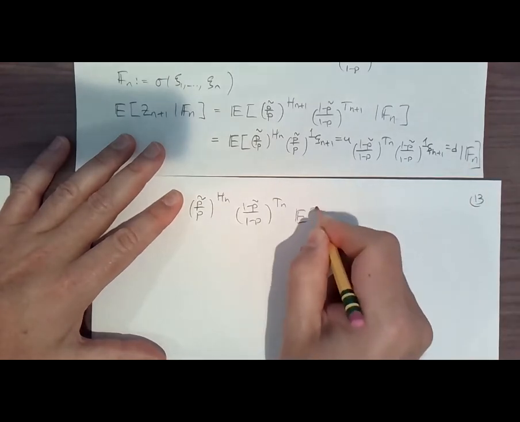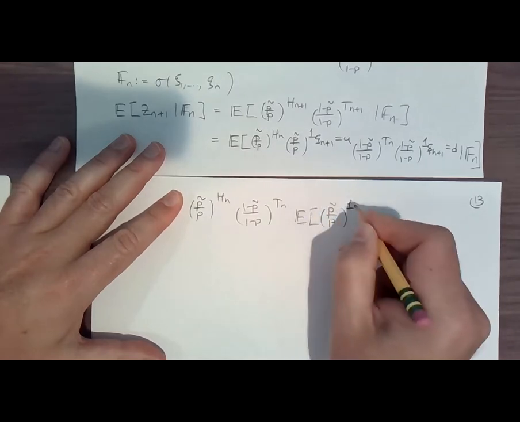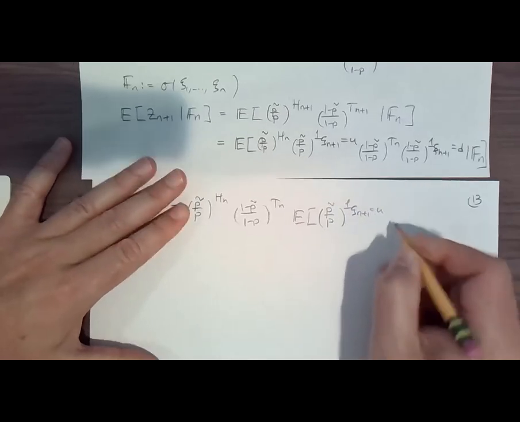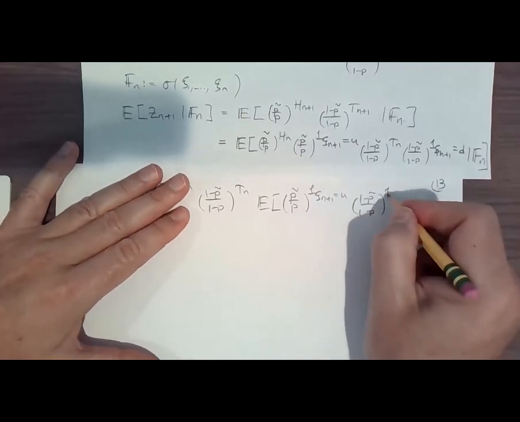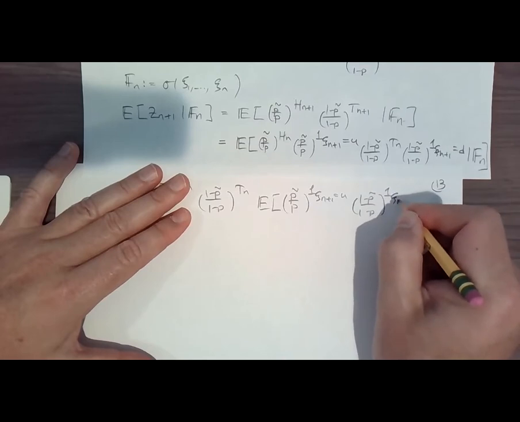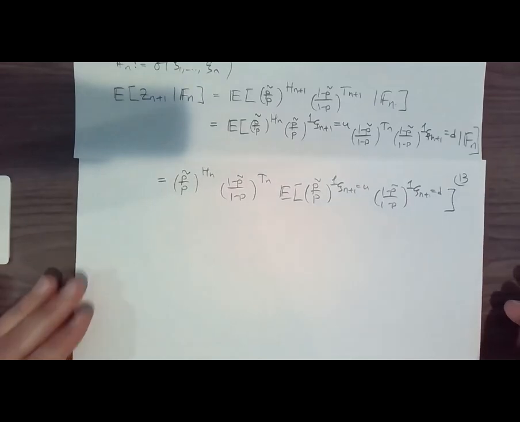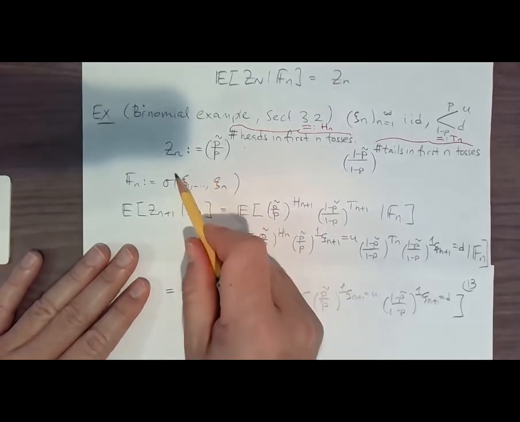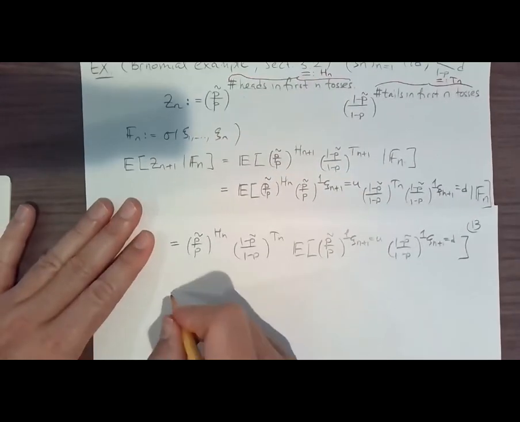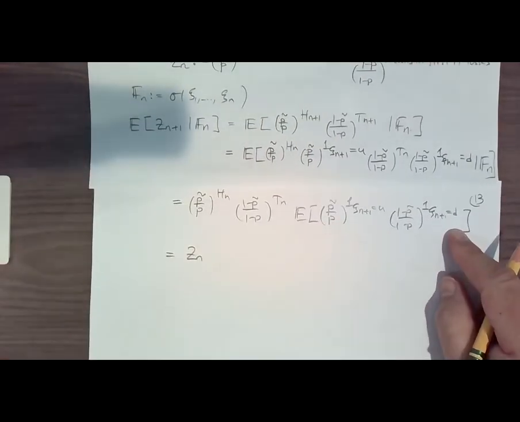This here will be the unconditional expectation of p tilde over p to the power indicator psi n plus 1 is u, times 1 minus p tilde divided by 1 minus p to the power indicator psi n plus 1 is d, and then no condition. So now what is outside is exactly my Zn. So that is Cn. And then I have to compute this expectation.